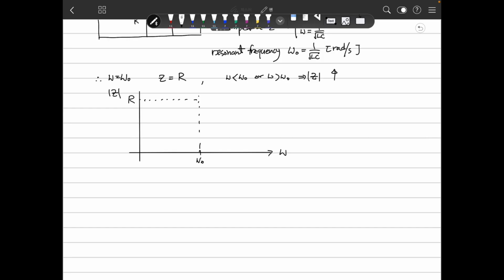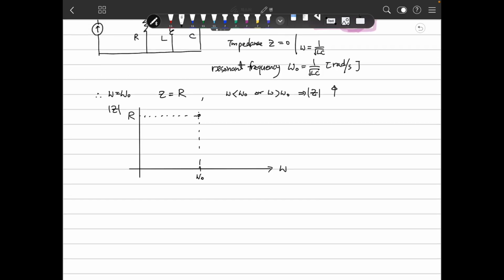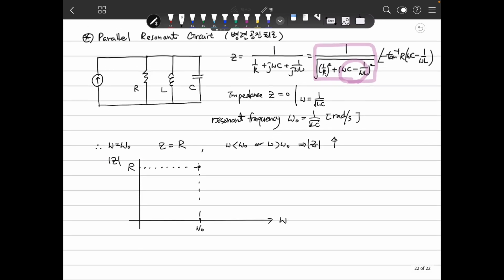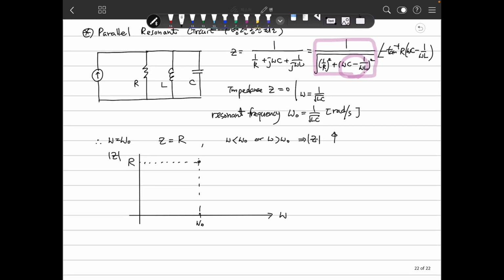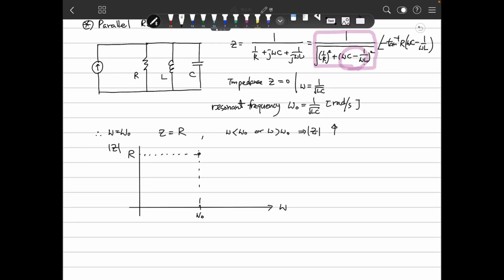But based on here, because the denominator is increasing according to the omega, the impedance is reduced. So it looks like this.